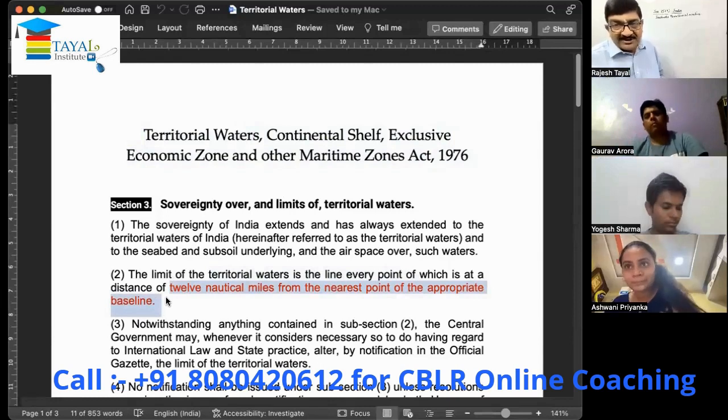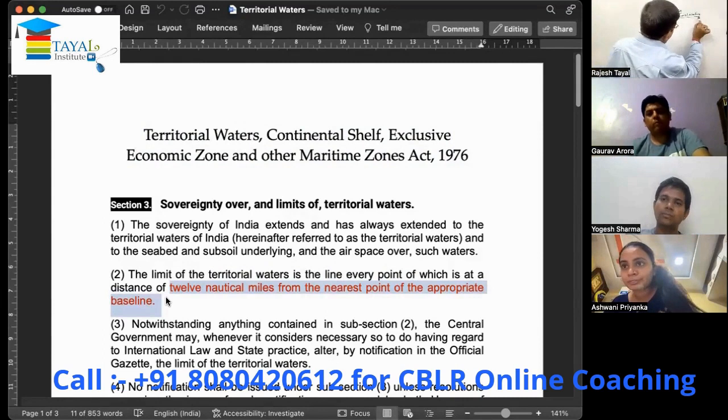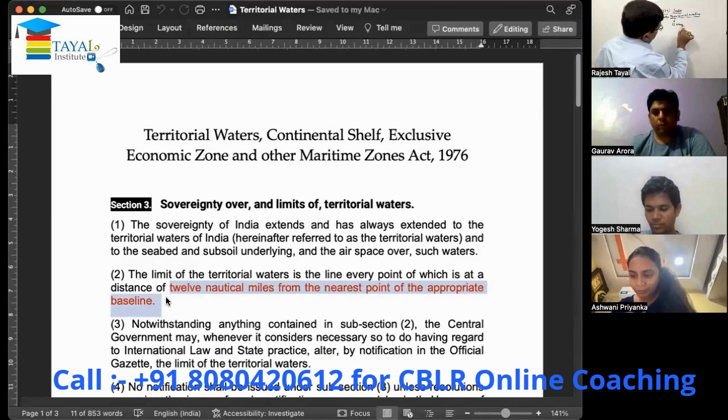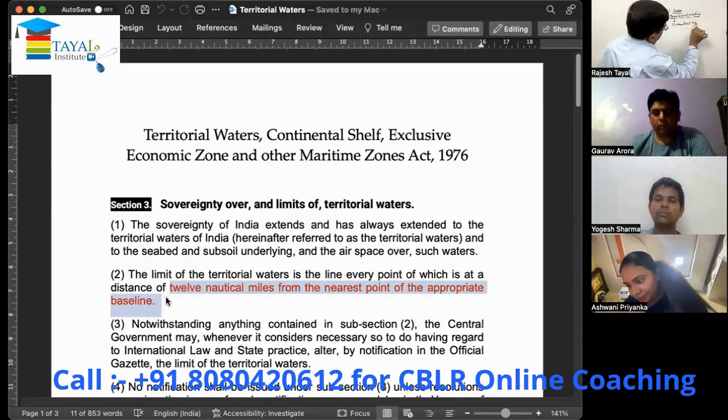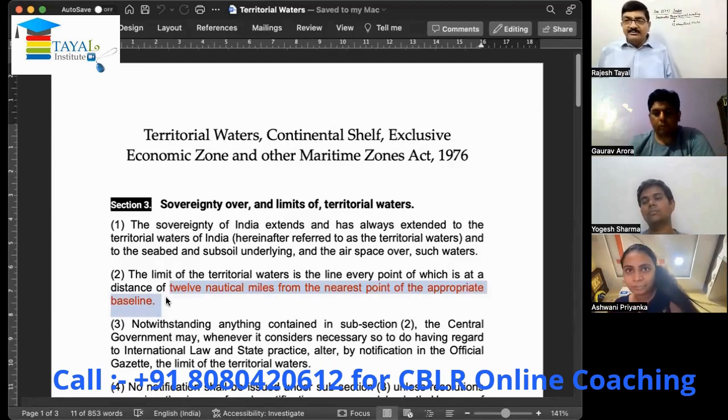So this is 12 nautical miles starting from the nearest baseline.